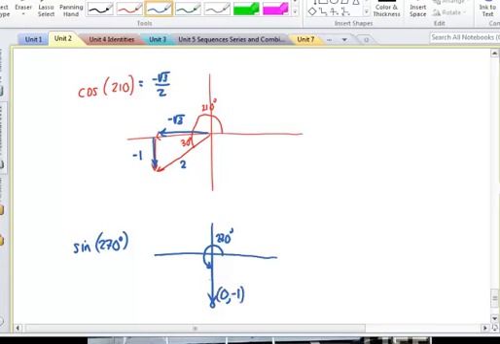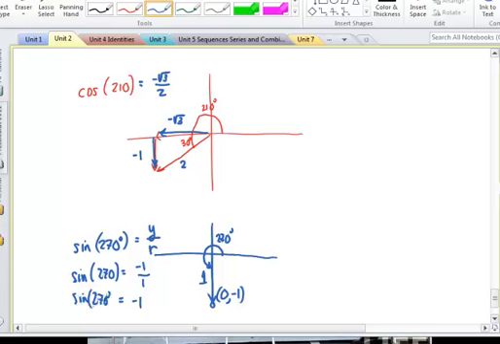And the radius is also equal to what the y coordinate is. So in this case, we're going to have the y value over the radius. So when we have the sine of 270, it's going to equal -1 over 1, which will be just -1.